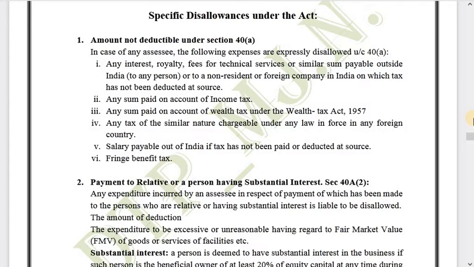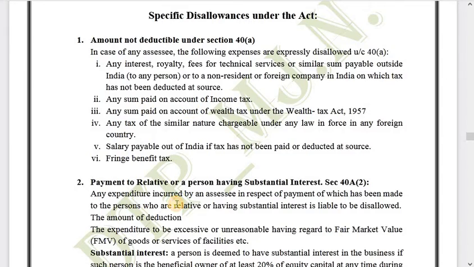Third case, any sum paid on account of wealth tax under the Wealth Tax Act 1957. And fourth case is any tax of similar nature chargeable under any law in force in any foreign country. Fifth case, salary payable out of India if tax has not been paid or deducted at source. Then we have fringe benefit tax. So these are the cases of an assessee where the following expenses are disallowed.